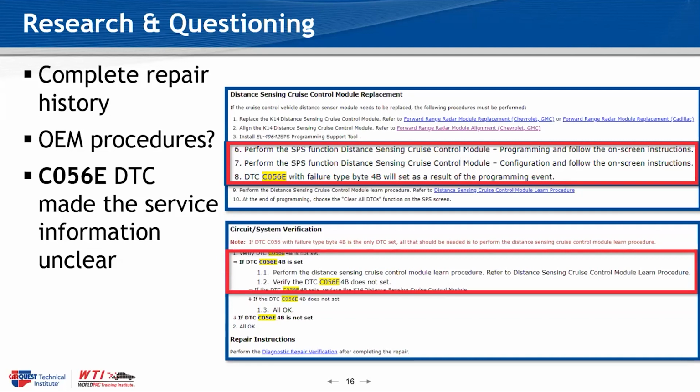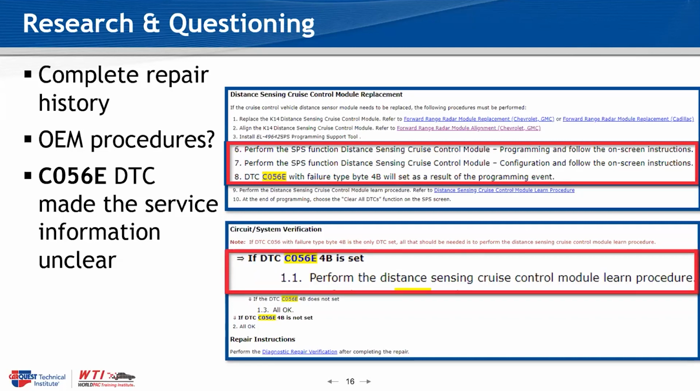Now I'll also say that this vehicle is a 2018. So anything post 2014 is a global A architecture vehicle, which means that the SPS programming system for GM will also perform all post module configurations and setup that needs to be done. So we would not actually need an aftermarket scan tool or any additional scan tool to perform this function.